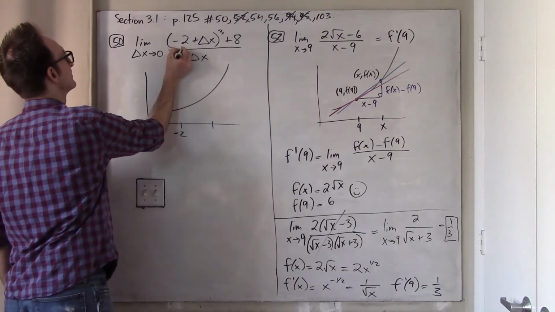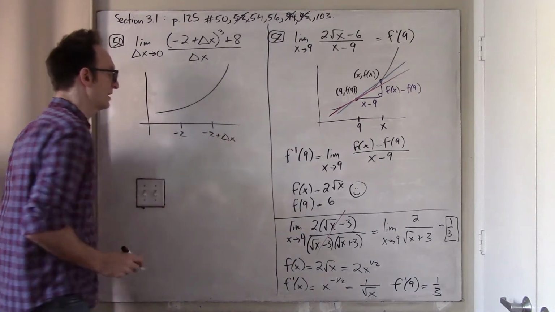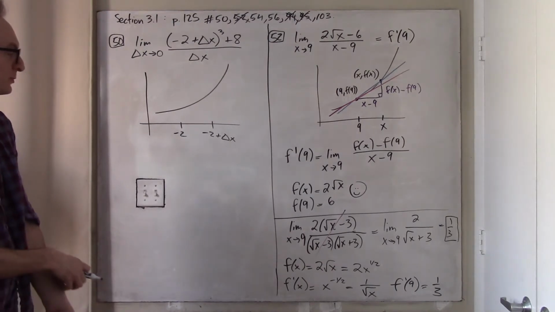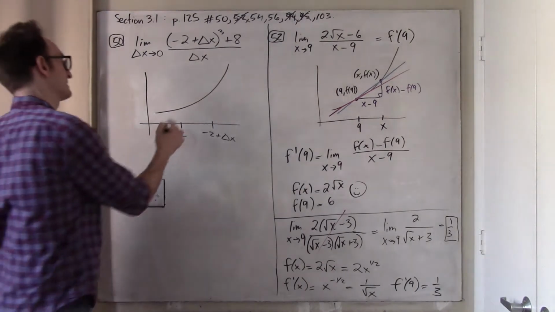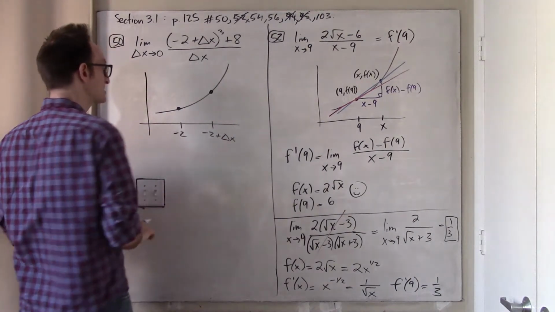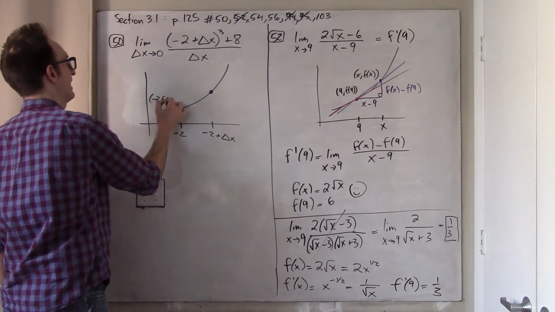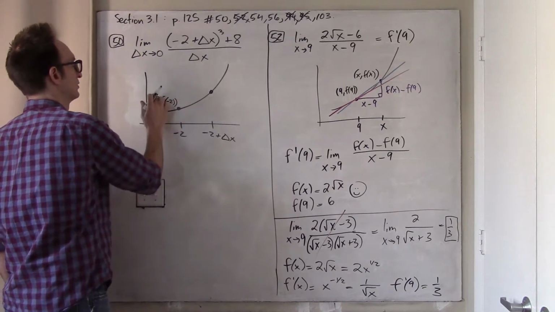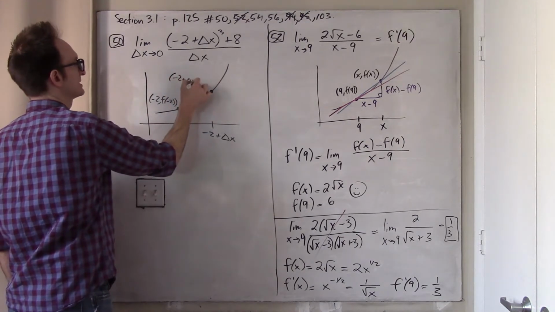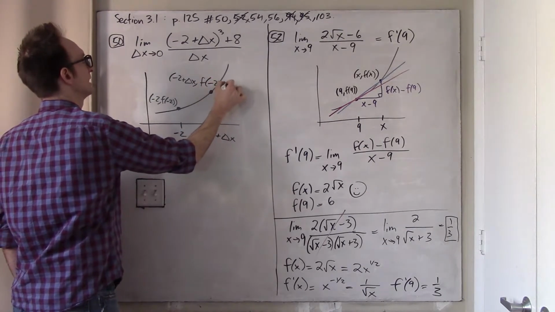And if this is -2, then I choose to call the point that is slightly more or less than -2, -2 plus delta x. This is just meant to remind me about the logic of what's going on. This is my point, -2 comma f of -2. And this point here is -2 plus delta x, comma f of -2 plus delta x.